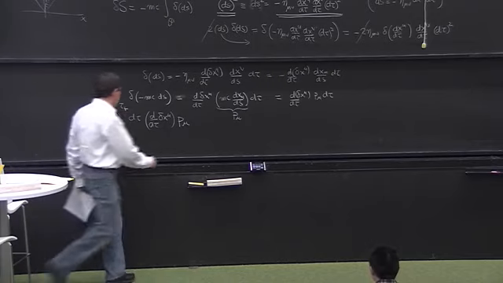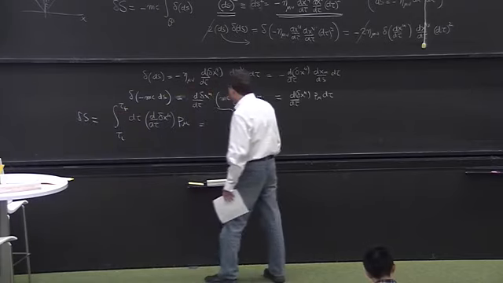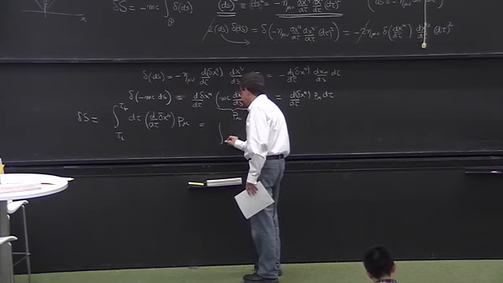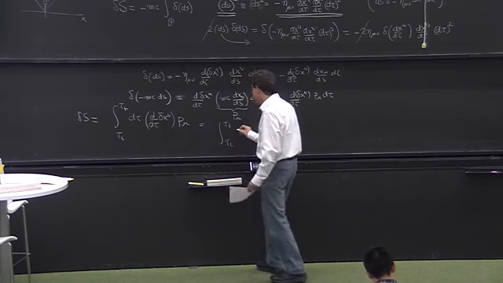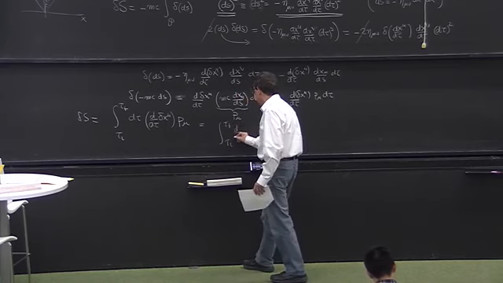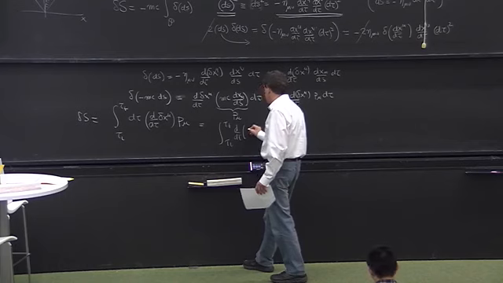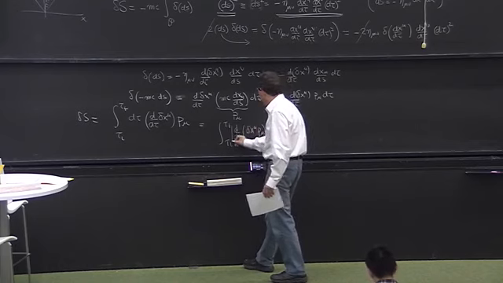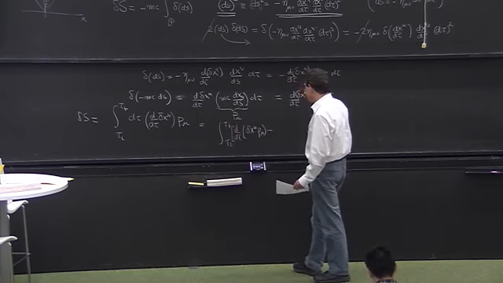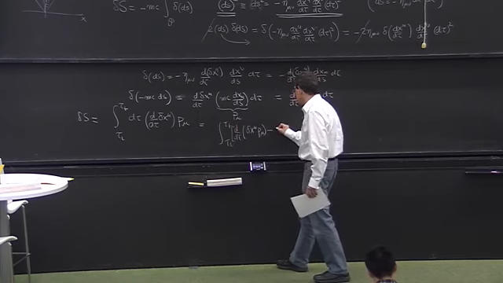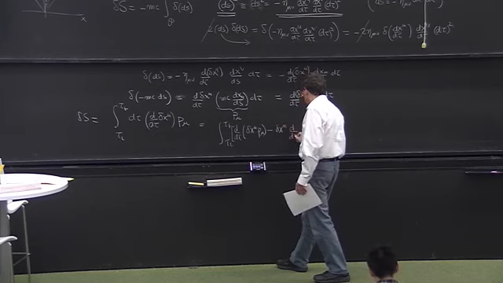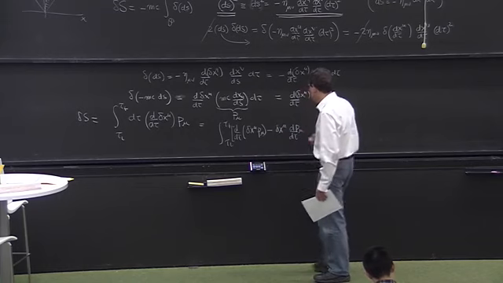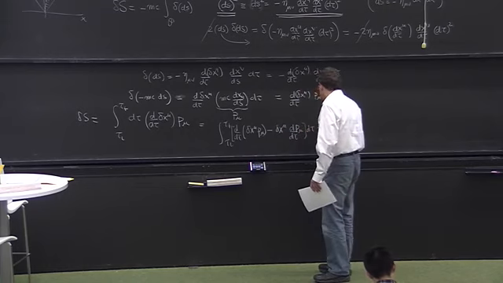To make it even better, we integrate by parts. So we write this as integral from, well, we don't even integrate by parts, but we'll write it as d/d tau of delta x mu p mu minus delta x mu d/d tau of p mu d tau.